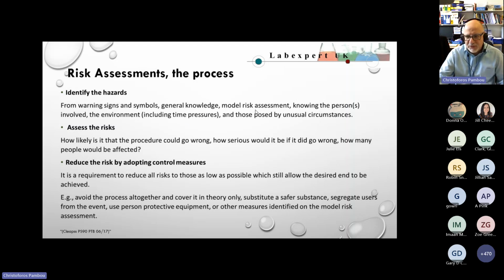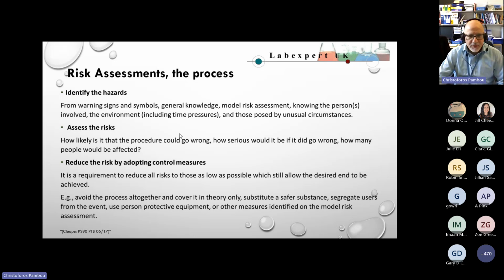Then we refer to model risk assessments, which could be the CLEAPSS model risk assessment, it could be the CLEAPSS Hazcard, or it could be the materials safety data sheet supplied by SLS or other suppliers.